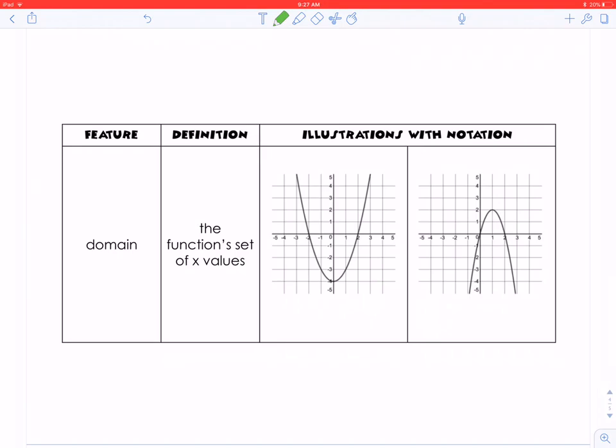So domain is something we're familiar with. We know that domain is all of our x values. So if we're talking x values, my x-axis goes from left to right. And so I'm looking for where my graph is all the way to the left and all the way to the right.